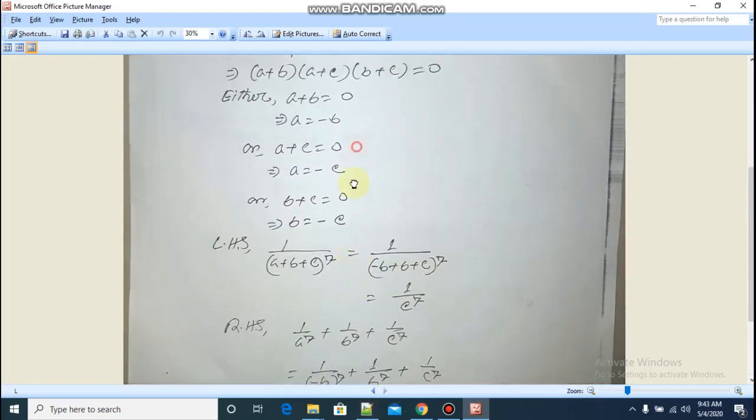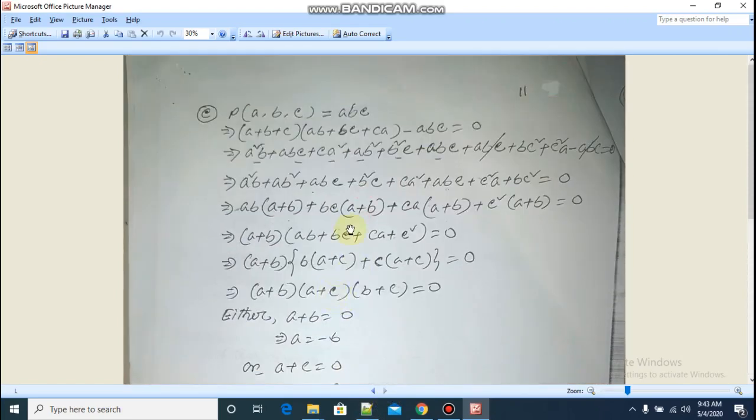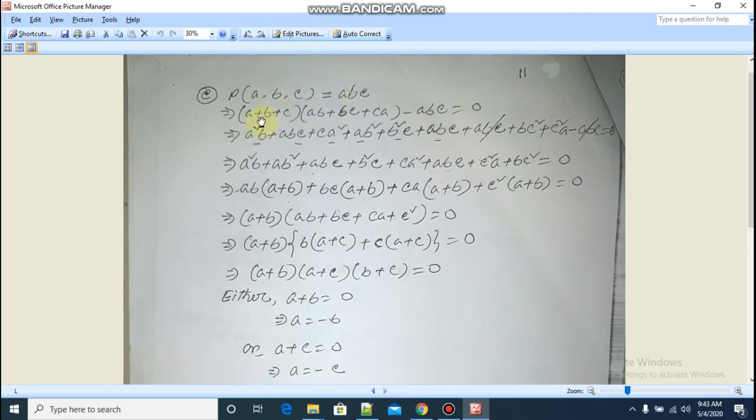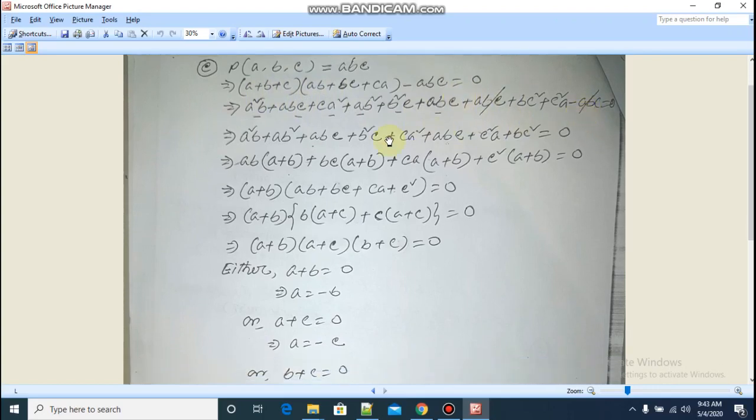Math number C. P of ABC equals this. Value of P of ABC equals this, minus ABC equals 0. After multiplying these two brackets, we get this minus ABC. After calculating and rearranging, we get this line.